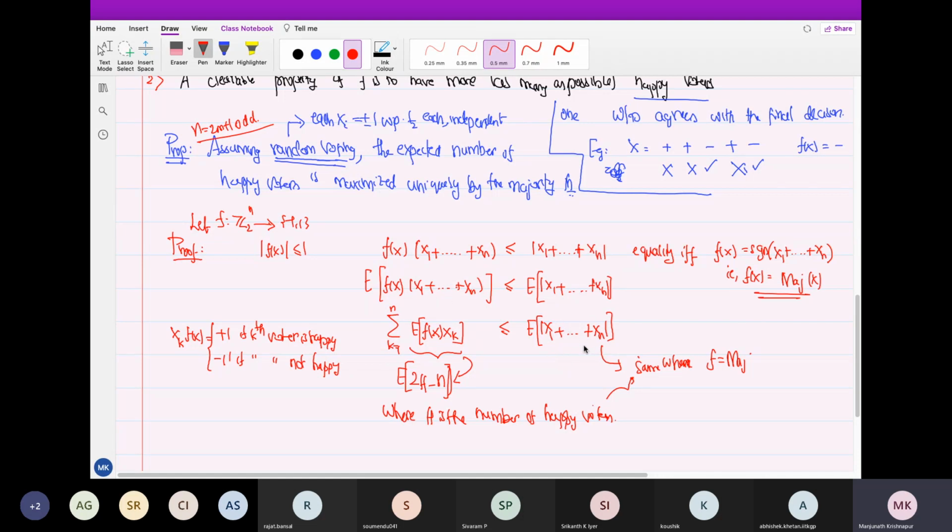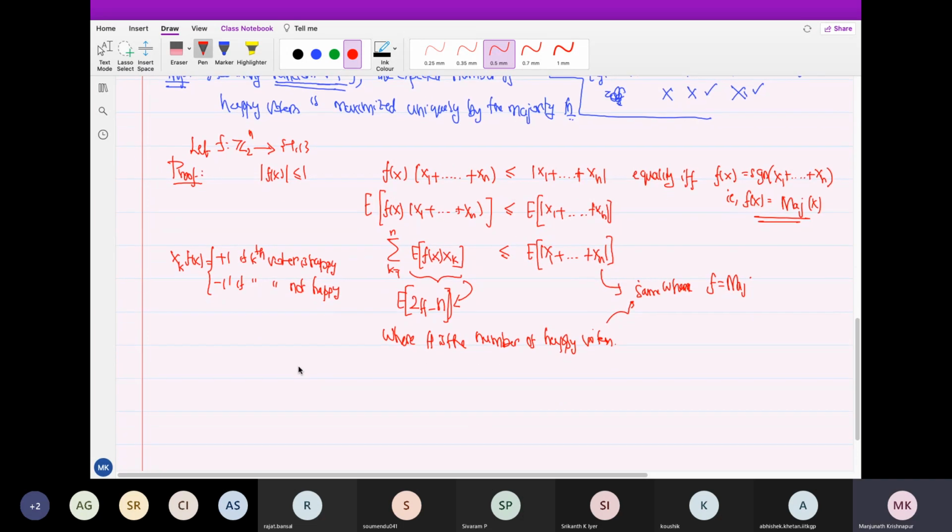So we have shown that, you can cancel the minus n and the 2, the expected number of happy voters under f is less than or equal to the expected number of happy voters under majority. And for equality to hold, you must have equality for every x, and that means there is only one choice, that f is the majority.